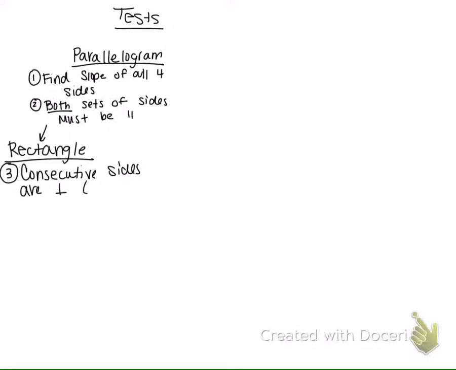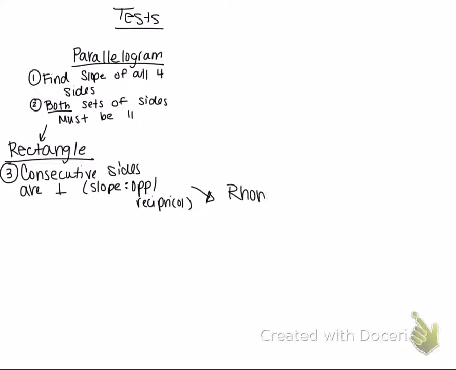When it's perpendicular, remember your slopes are what? The sides next to each other must have opposite reciprocal slopes. If that is true, you have a rectangle. Otherwise, you need to check if it's a rhombus.